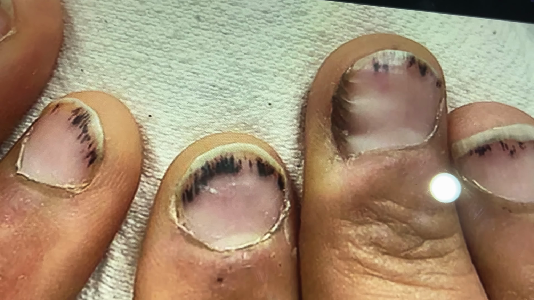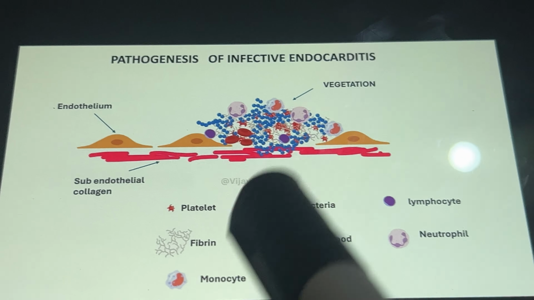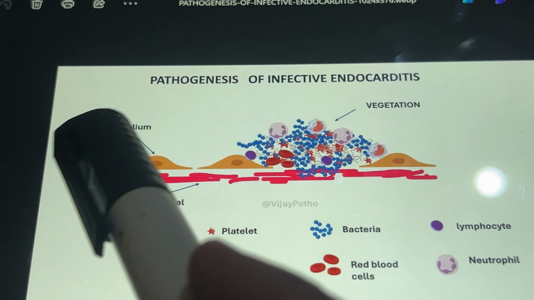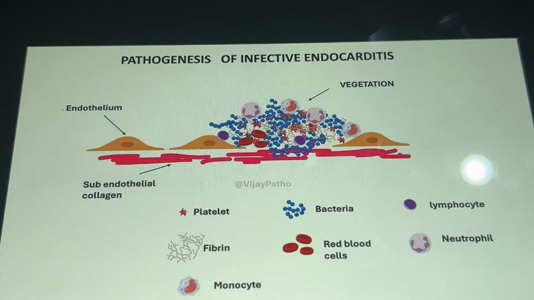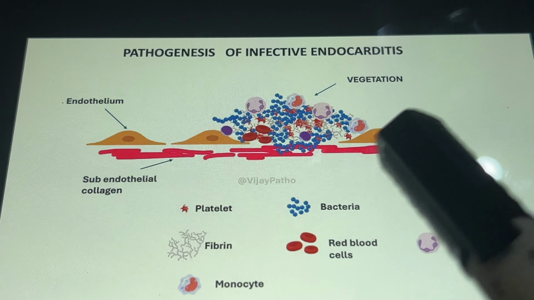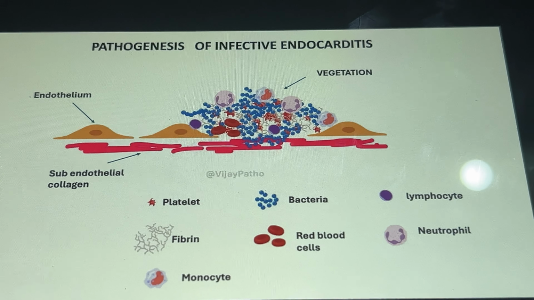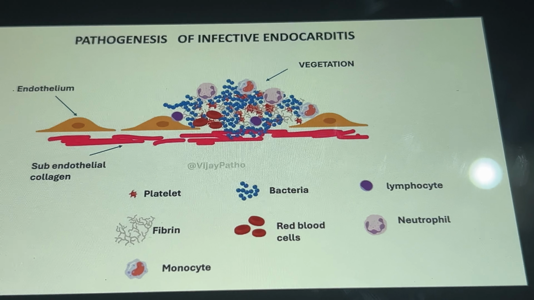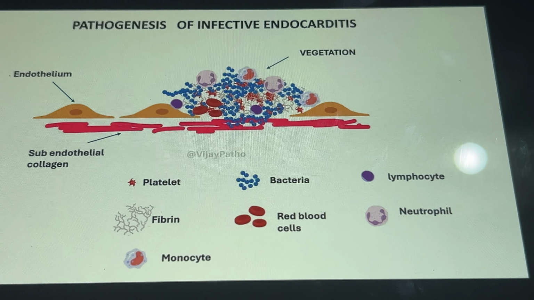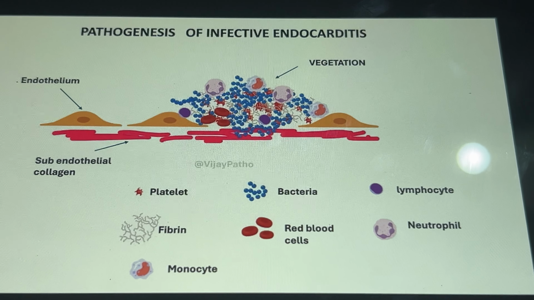Now, this is the picture of the pathophysiology, or pathogenesis, of infective endocarditis. It starts from endothelial injury. When there is endothelial injury, it leads to vegetation formation on the heart valves, and the vegetation is basically a thrombus with infiltration of microbes.